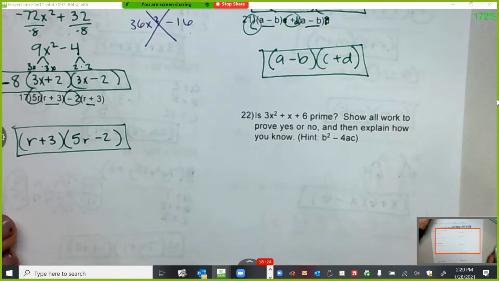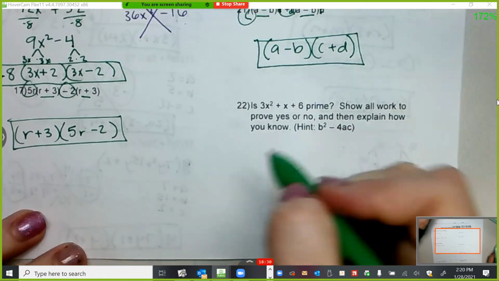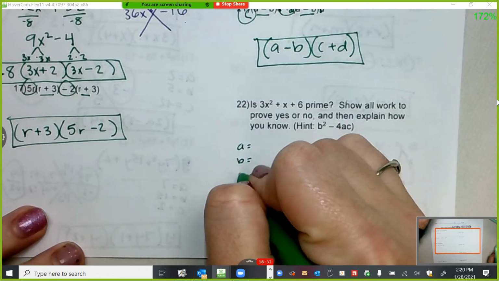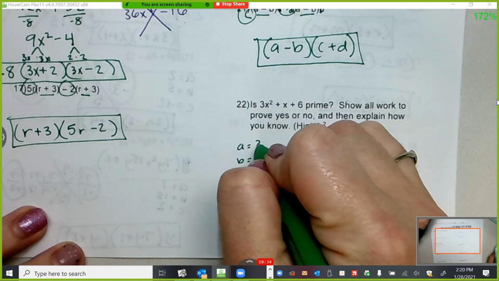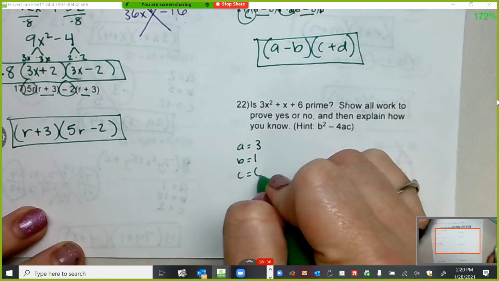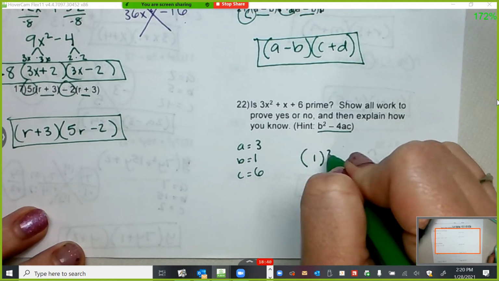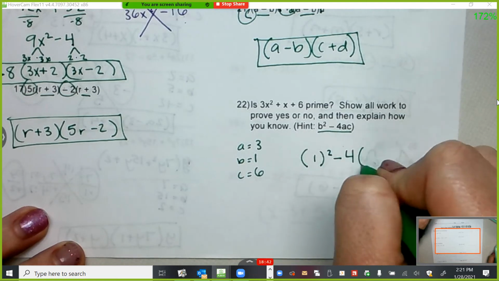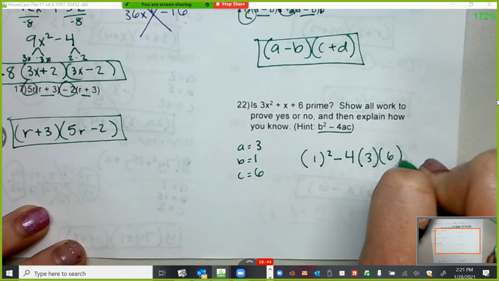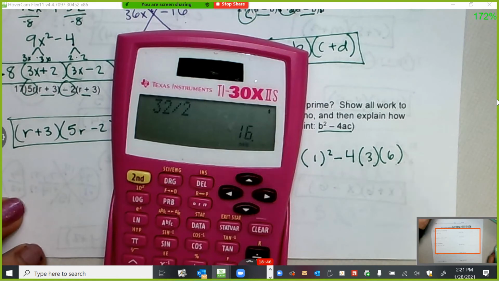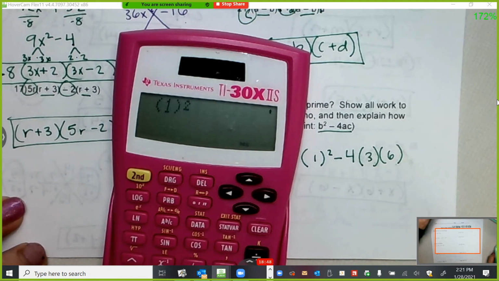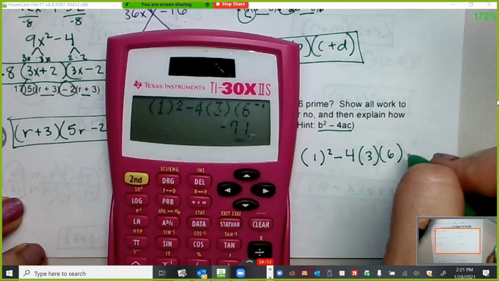Now it says, is 3x squared plus x plus 6 prime? Show all your work, prove yes or no, and then explain how you know. Okay, so we have to find our A, B, and C still. Cool thing is we don't have to factor it. A is 3, B is 1, C is 6. And we're going to plug it into this. So B squared minus 4 times A times C gives me negative 71.